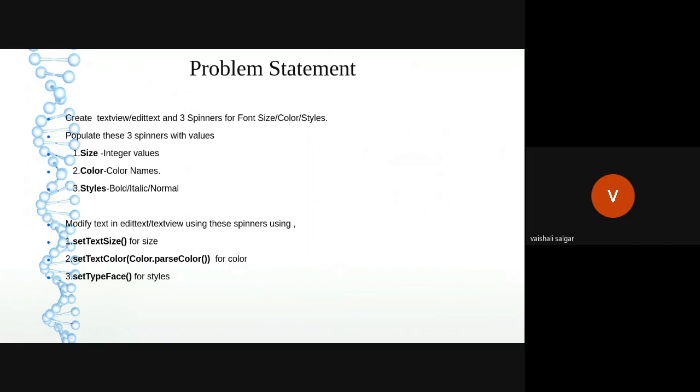So see what we have seen, in order to implement the text editor, first we need to take a widget as an edit text, where you can enter the actual text, then three spinners for size, color, and style. And after that there is set text size, set text color, and set typeface, these three methods in order to edit your text.